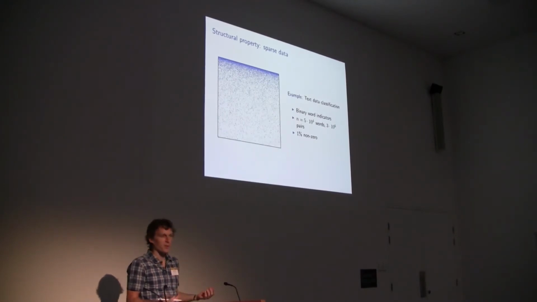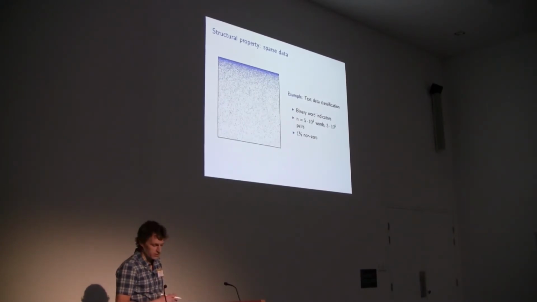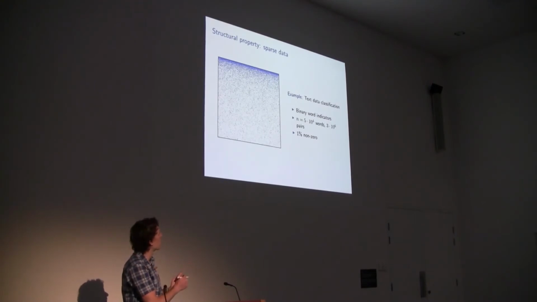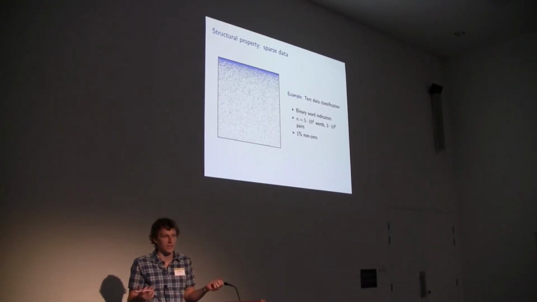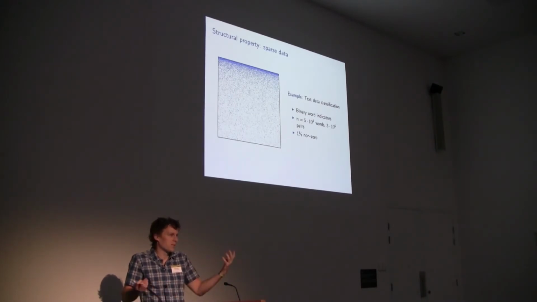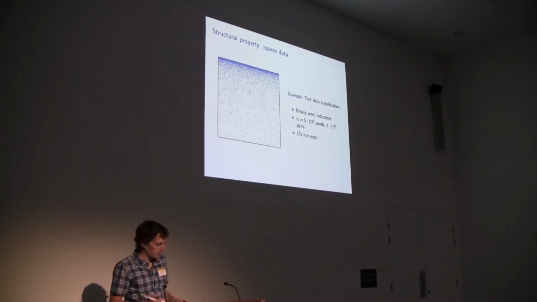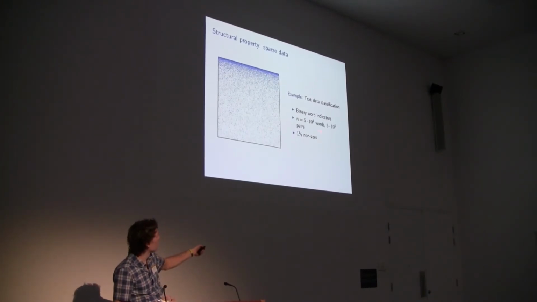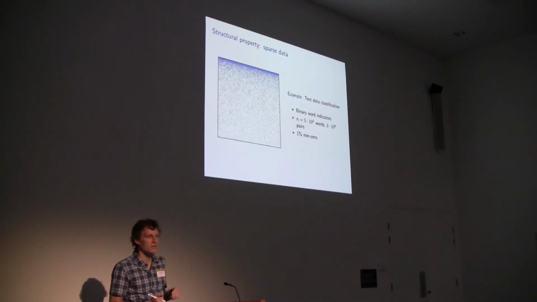In English there are about 50,000 regularly used words, and with pairs of words, or bigrams, maybe 3 or 4 million common ones. But any given document has, say, 3 to 5,000 words, so you're left with about 1% non-zero entries in your data vectors.